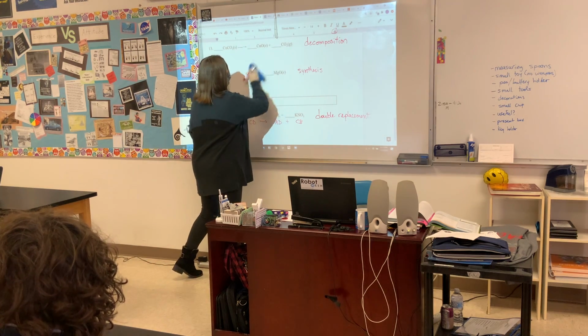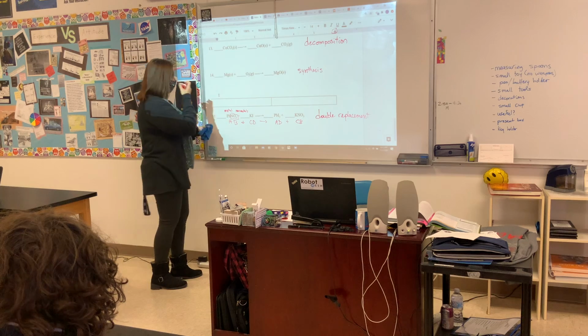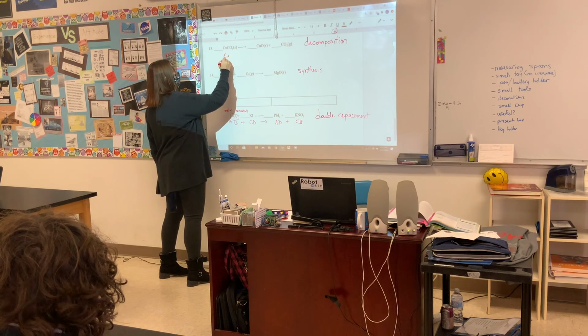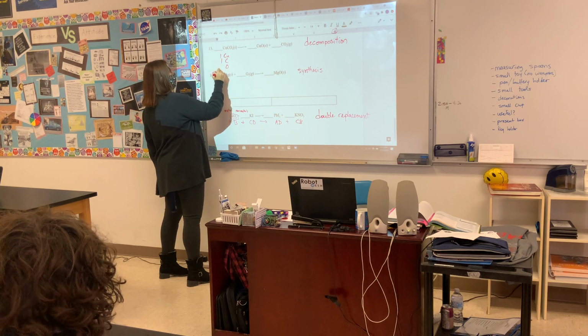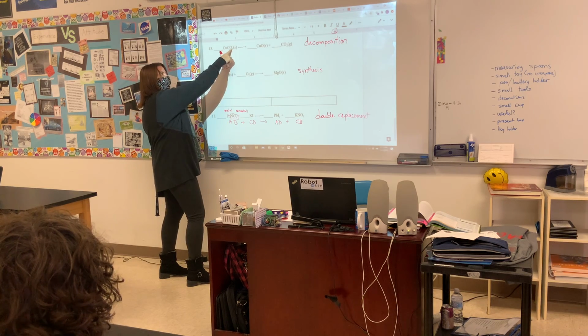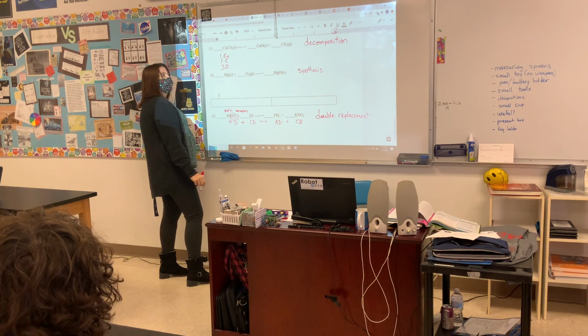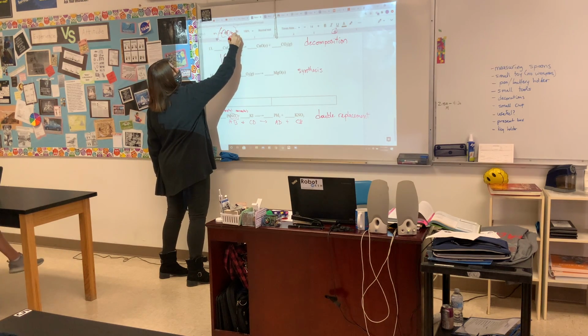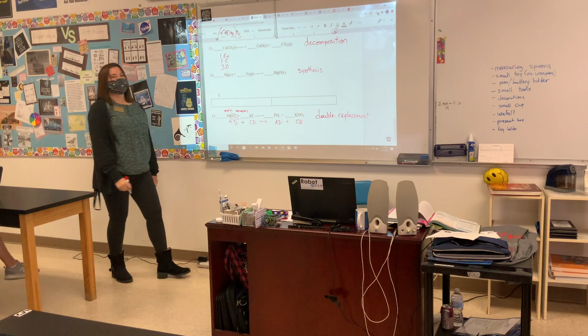Okay, so let's look at 13 and see if we can balance that out. Right now we have copper, carbon, oxygen. I have 1 and 1 and 3 because there's a little 3 behind the O. Now what happens if it was CO3 with the 3 inside parentheses?